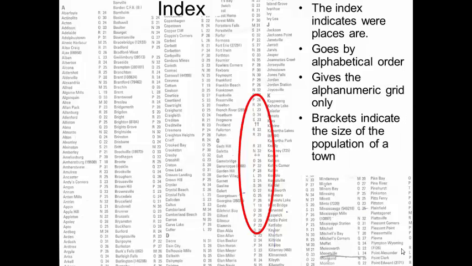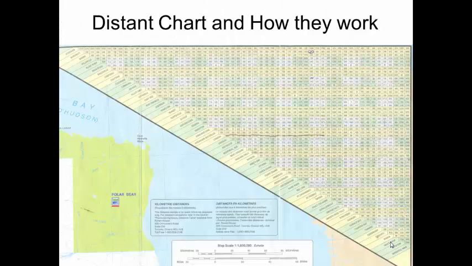So the brackets beside each place, for example, Burk's Falls, 862, that gives us the population, the town size. Or you might notice the brackets around Amherstburg, which is 19,600, or Brampton, which is 280,000. So those are just giving you population sizes.